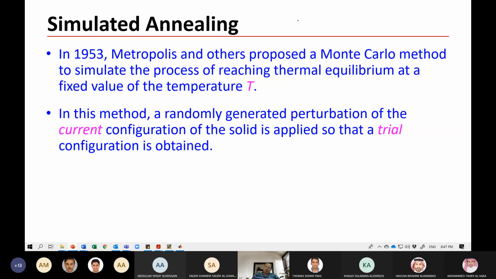You have a current position, and you perturb this position. You move somewhere in the neighborhood and you have another solution. If the energy of that solution is lower than this solution, that's fine, we can consider it.